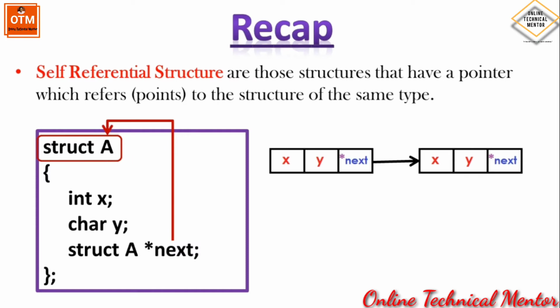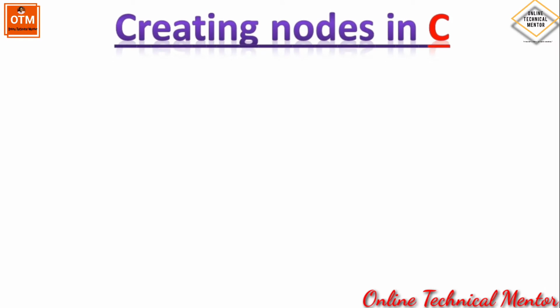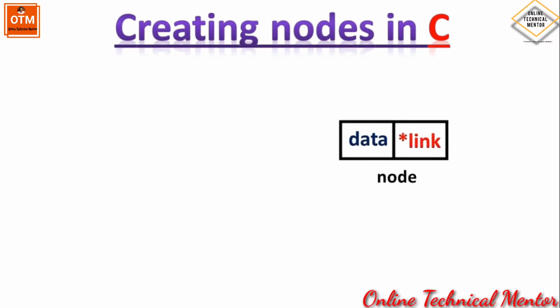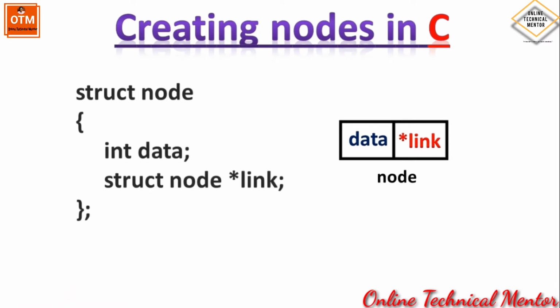Now this self-referential structure concept will be used in linked list. Let me show you how to write the structure of a node in C programming language. Suppose you have a node with a data part and a star link part. You can write star next, star link, whatever you like. The structure of the node will look like this.